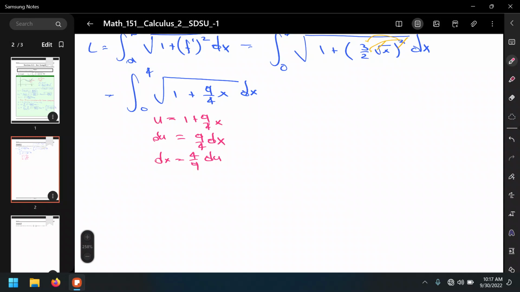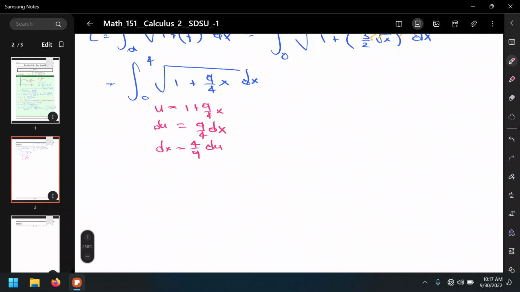In fact, this will save the back substituting part of the problem. What I'm going to do is change the limits, which is technically the correct thing to do, because when evaluating a definite integral, we're doing a u substitution to send the problem to the world of u, which is an easier world to solve the problem. But we also have to carry the limits to the world of u with their corresponding values.